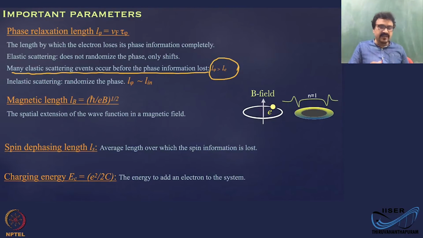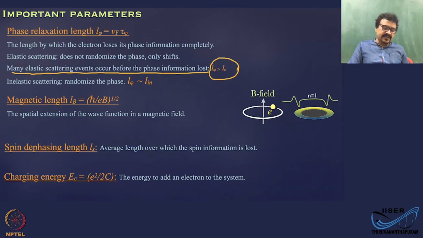So you can have many elastic scattering events before the phase information is completely lost. There is another term which becomes important when you discuss the motion of electrons in a magnetic field, a quantizing magnetic field. The extent of the wave function in the presence of a magnetic field is called the magnetic length.